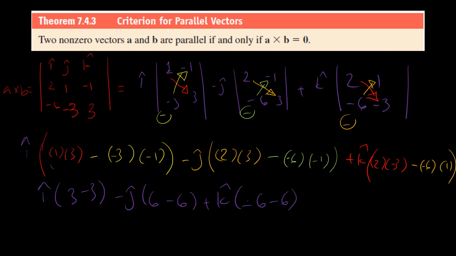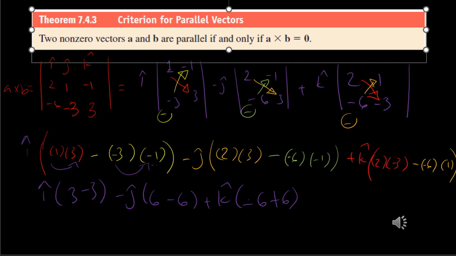So it was 3, and negative times positive is -3. Then 2 times 3, which is 6, and negative times positive is negative. 2 times -3 is -6, and positive 6 times 1 is 6. This is positive. Now it is 0, 0, 0.